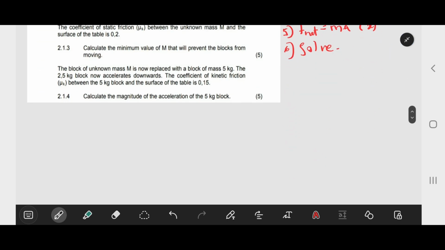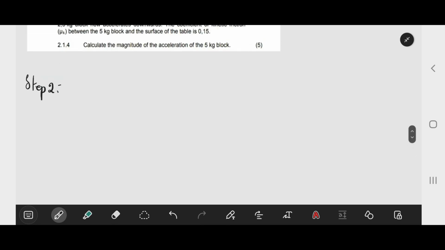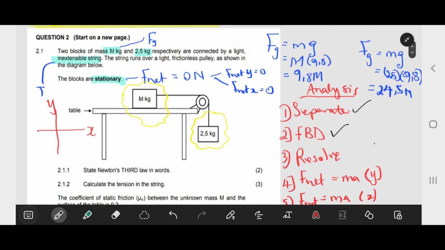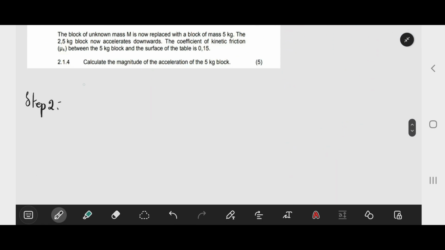So let us go to step number 2. Let us draw the free body diagram for object 1, which is that of mass m, and object 2 is that of 2.5 kg. So let's draw the free body diagram for the first object with mass m.